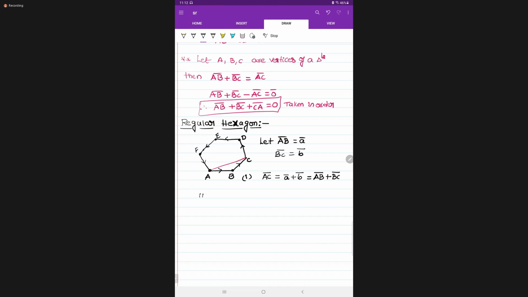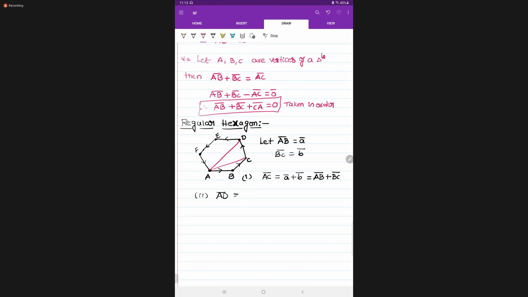Second one. AD bar is equal to A bar plus B bar. AD bar is parallel to BC bar. AD bar is 2 times of BC bar.